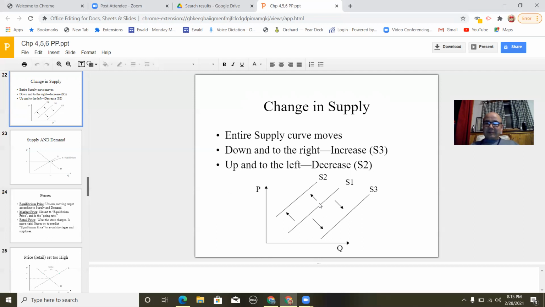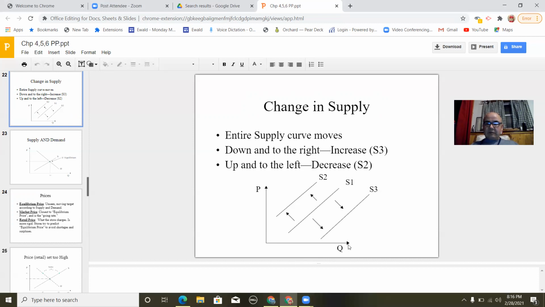Supply is a little different because with supply, if we start at this S1 right here that I'm showing with my pointer, and I ask you to shift that supply curve so that it decreases, we'd actually be moving to S2. So the confusing part is it's going to the left.